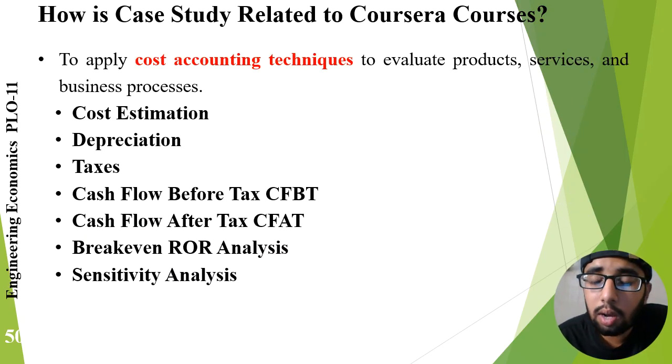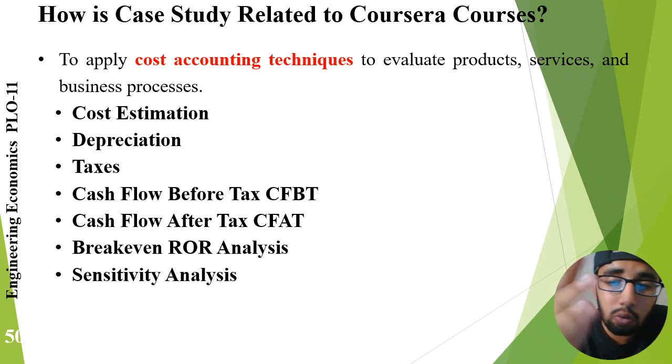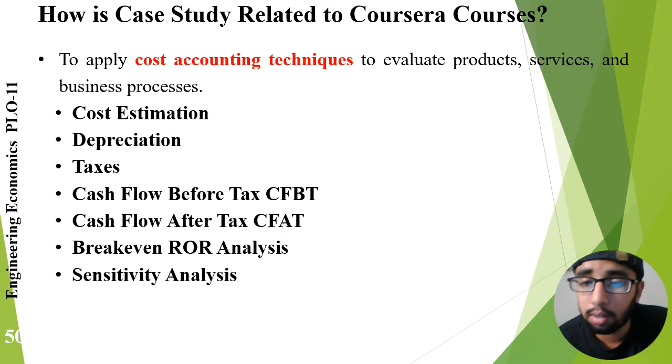This study also aligns with the objectives of cost accounting and business decision making. The analysis required cost estimation, tax evaluation, depreciation, break-even, return on investment analysis, and sensitivity analysis. These are the key contents related to the two courses I have done with the help of Coursera.